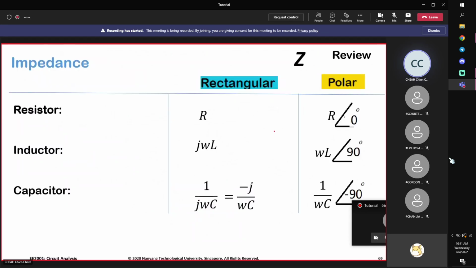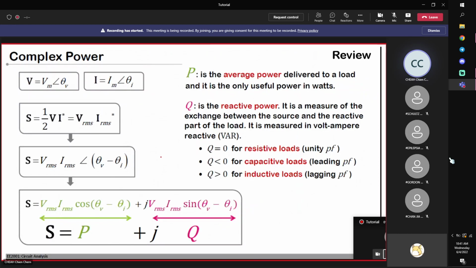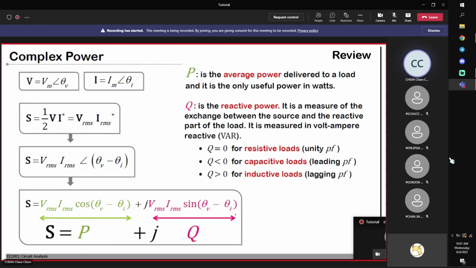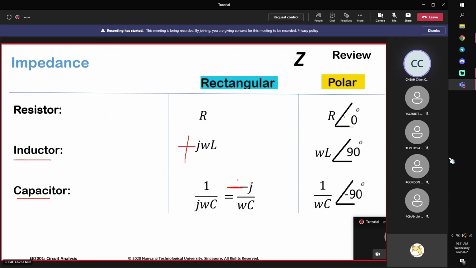As for the imaginary part, there are basically two types of loads, as I mentioned: inductors and capacitors, or combinations of them. Notice that for inductors, you have positive reactance, and for capacitors, negative reactance. Therefore, for a capacitive load, your reactive power will be negative, because you have negative reactance.